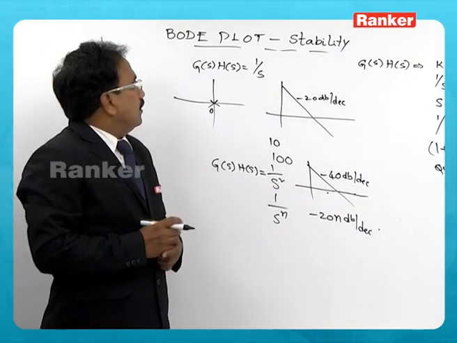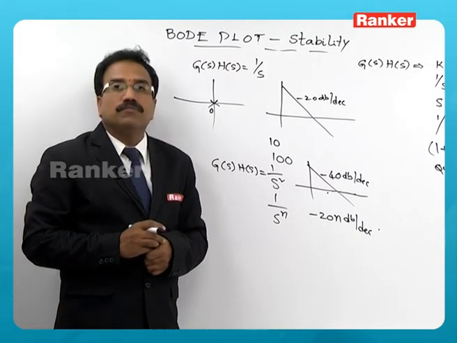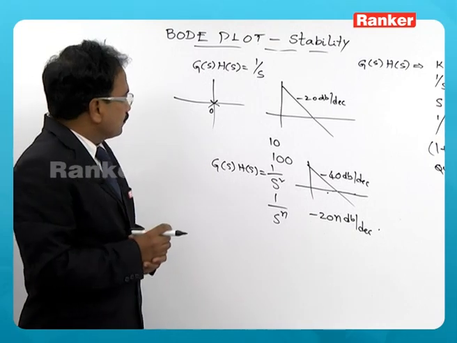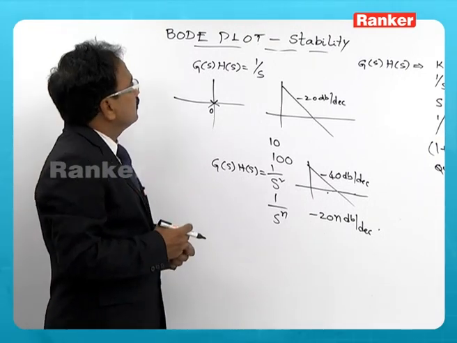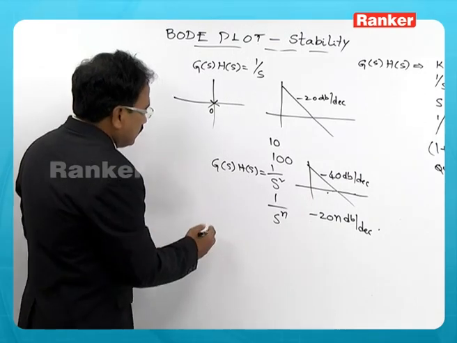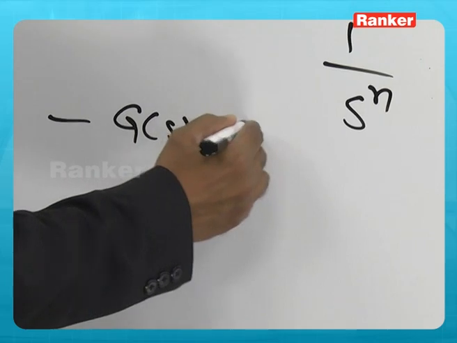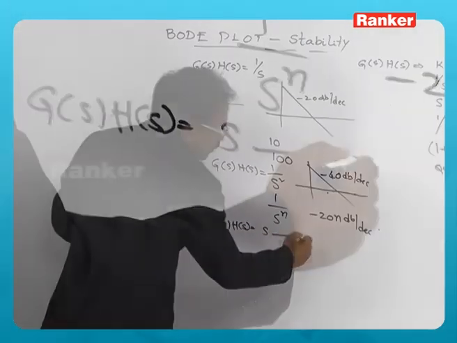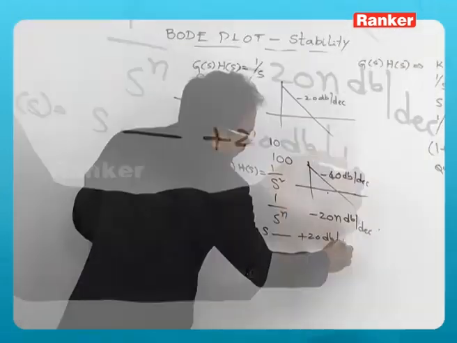So, pole will have a slope of minus 20 dB per decade. Now, if there is a 0 at origin, that means the given function is s, then it will have a slope of plus 20 dB per decade.